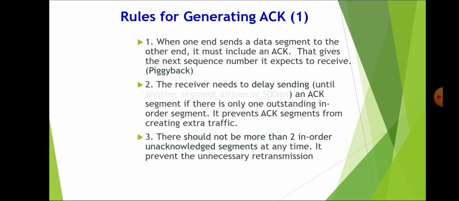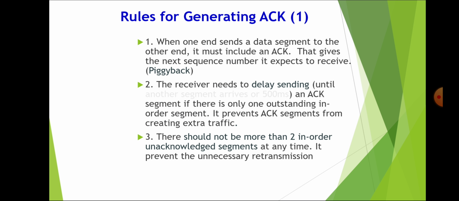Next, the receiver needs to delay sending an acknowledgement until another segment arrives or 500 milliseconds pass, if there is only one outstanding in-order segment. This prevents the acknowledgement segment from creating extra traffic. There should not be more than 2 in-order unacknowledged segments at any time, which prevents unnecessary transmission.